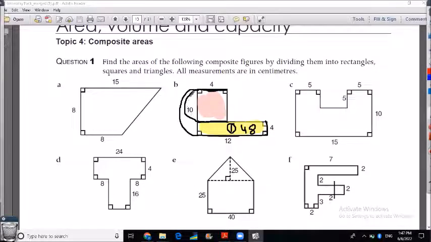Then what about this part only? How can we find the length of this part? It's not 10. 10 is all of this. If you noticed, this is 4. So what's the rest of it?